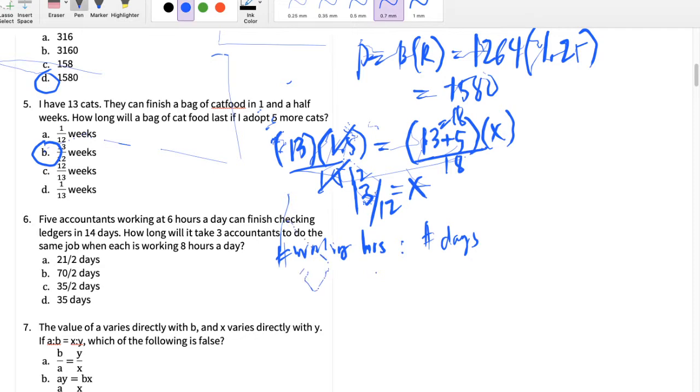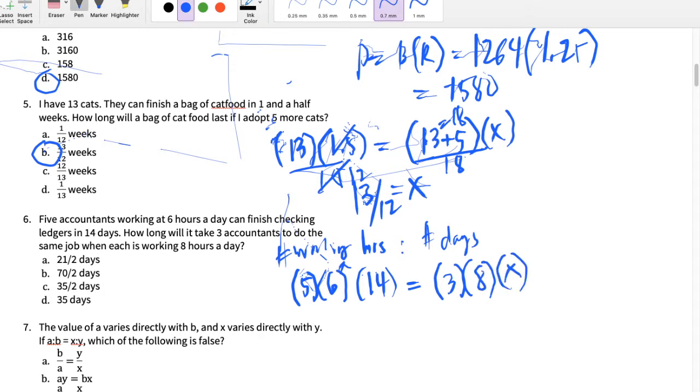It says here 5 accountants working at 6 hours, so 5 times 6, and then how many days? They can finish checking the ledgers in 14 days. This should be equal to 3 accountants doing the same job, working 8 hours a day. So how many days will it take them to finish the same job?